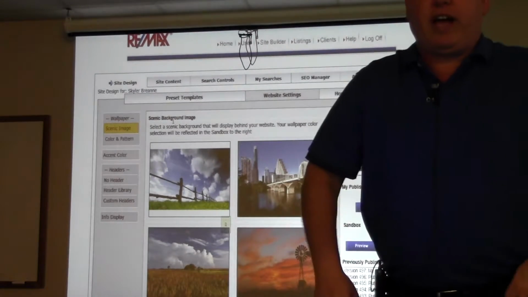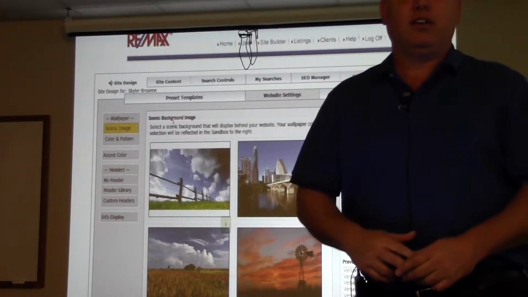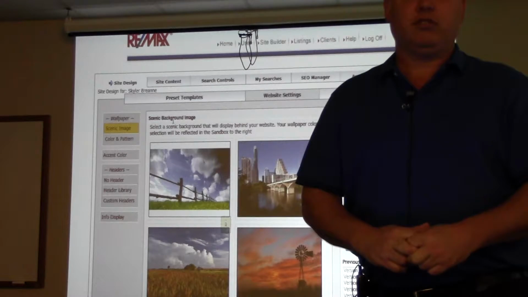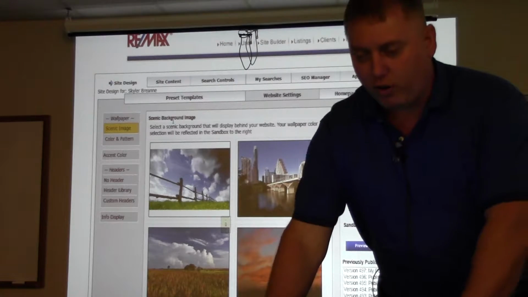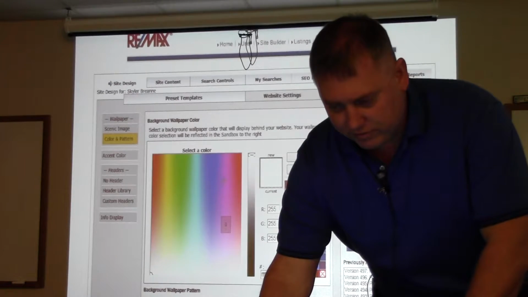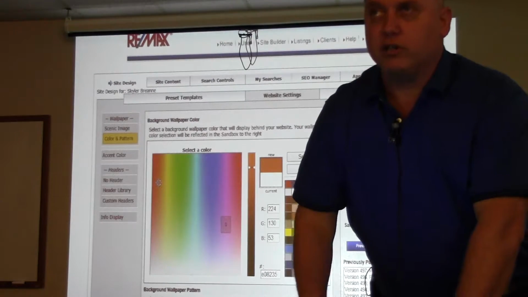Now, since we don't have the A&M logo on here for a background, the ones from College Station might want to use a color or a pattern. So over on your left-hand side, if you click on colors and patterns, and y'all's color is orange, right?